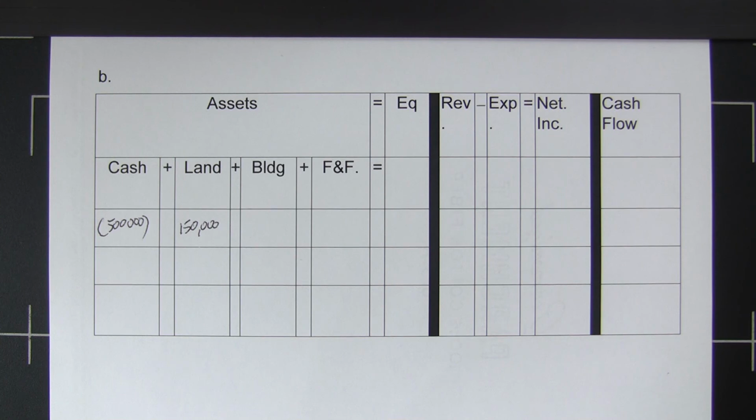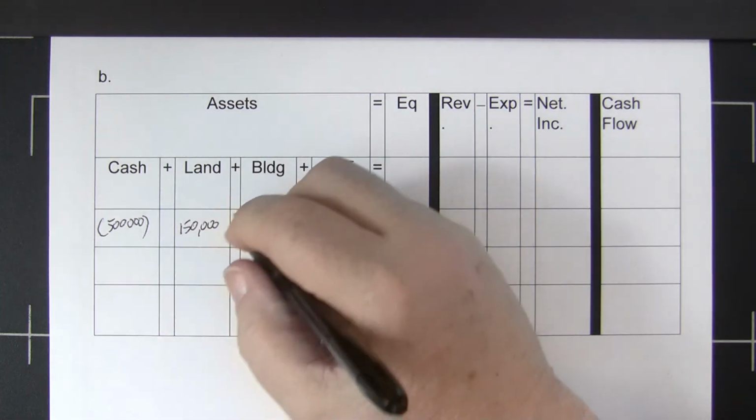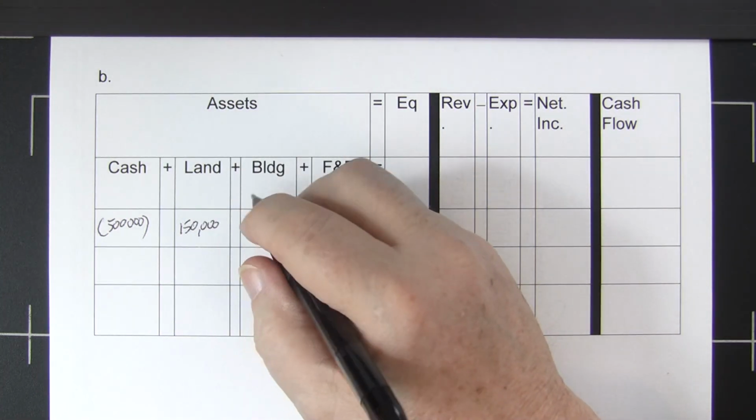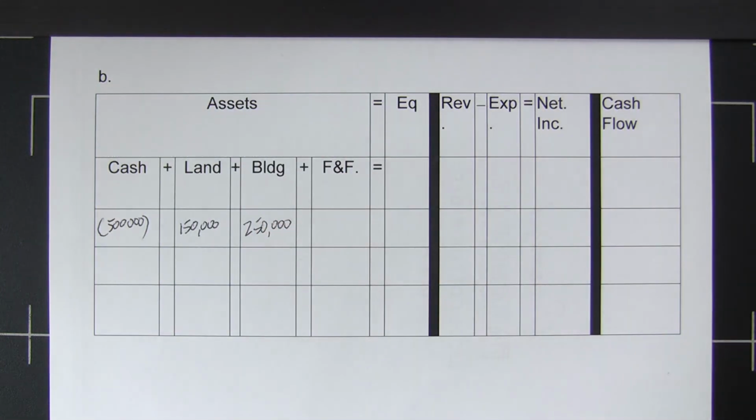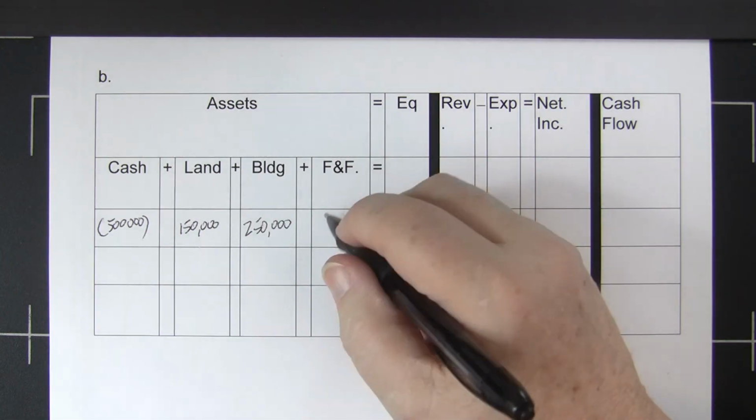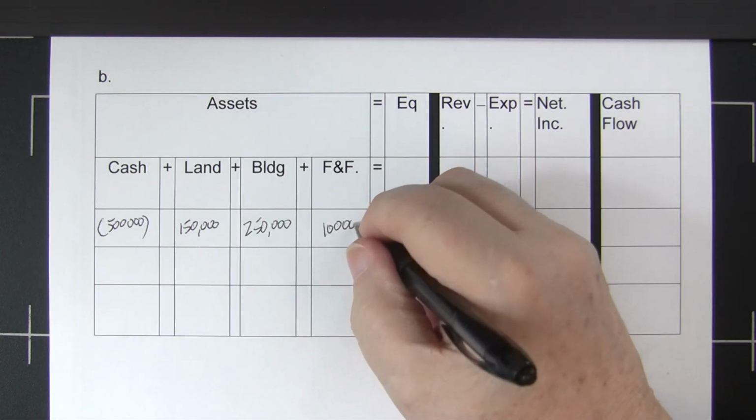We're not saying anything about that 180. We bought this land for $150,000. The same with the building. We bought this building for $250,000. We're not thinking about the original cost or the appraised value. We paid $250,000. That's all we care about. The same with the furniture and the fixtures.